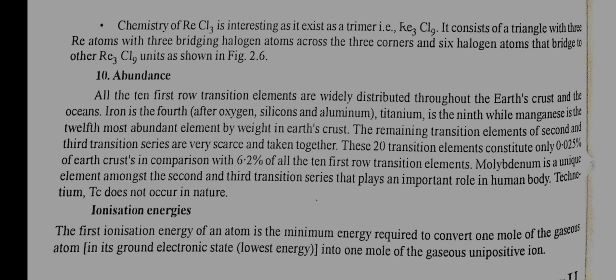The remaining transition elements of the second and third transition series are very scarce and taken together, these 20 transition elements constitute only 0.025% of Earth's crust in comparison with 6.2% of all the 10 first row transition elements. Molybdenum is a unique element amongst the second and third transition series that plays an important role in the human body. Technetium, Tc, does not occur in nature.